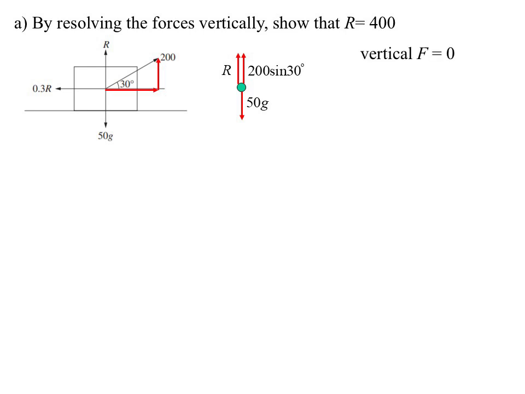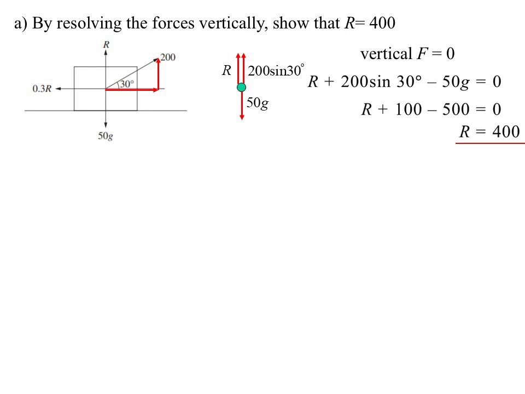But we know that box, it's not like it's jumping up off the ground. So those forces must balance. So overall the resultant of the vertical forces must equal 0. R plus 200 sine 30 minus the 50g must equal 0, which allows me now to find R. They must have said take g as 10, did they?